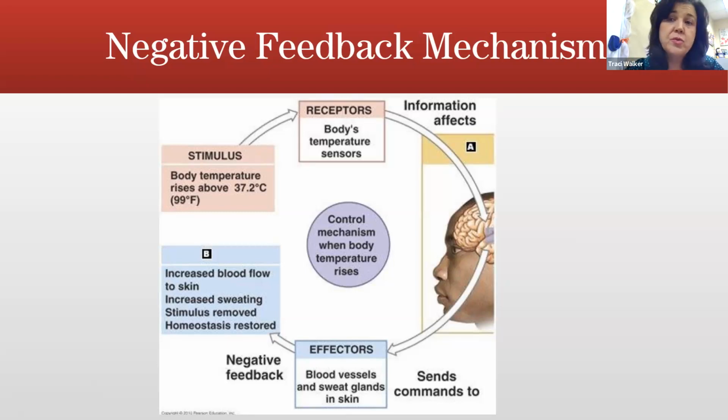And then also your sweat glands begin to sweat, and this process continues until you cool back down. And then at that time, the blood flow will go back to normal and the sweating will stop. This is negative feedback. It keeps on going until balance is restored.